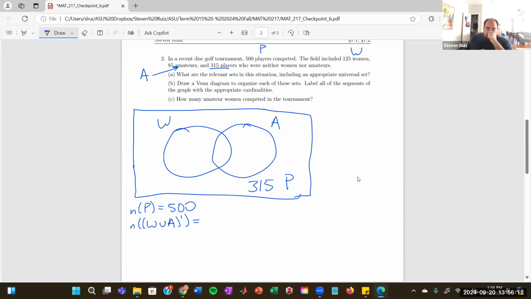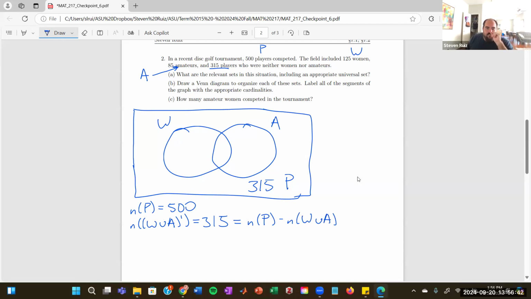So what is the set W union A? Those are the players who are either women or amateurs, maybe both. So what's the complement? Those are the players who are neither women nor amateurs. So that is what that 315 is. Which is also equal to this. It's the cardinality of the set P minus the cardinality of W union A.